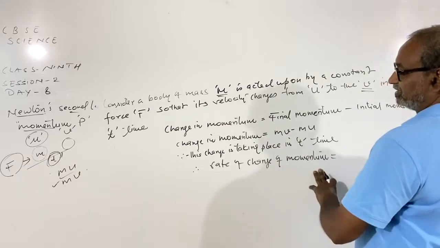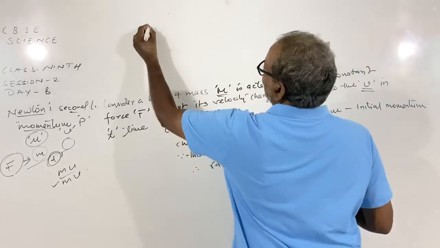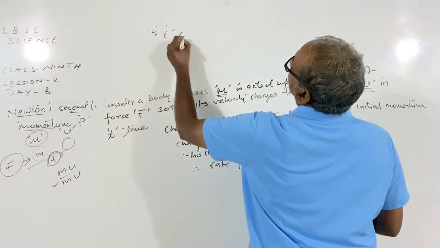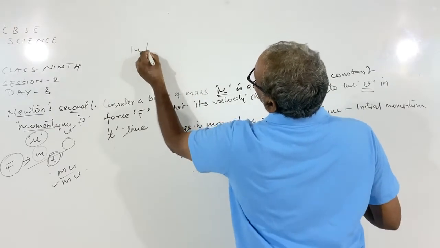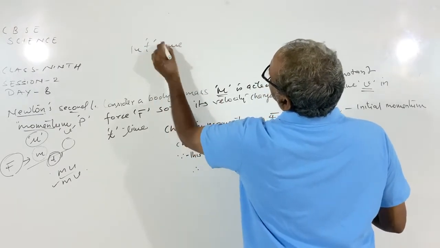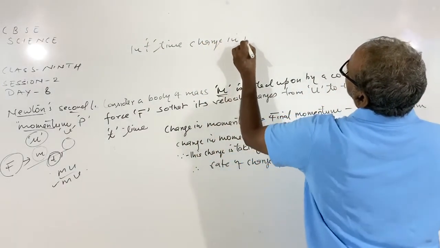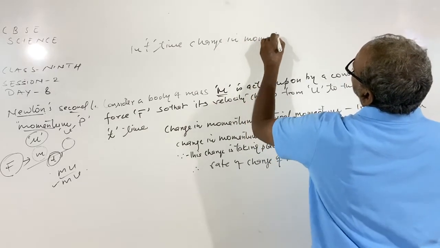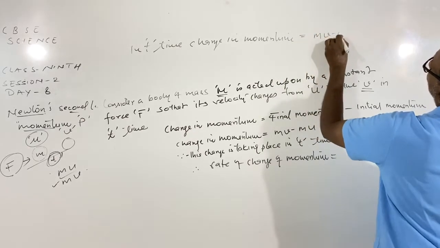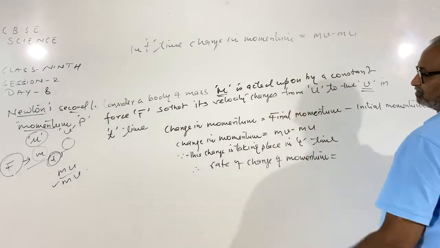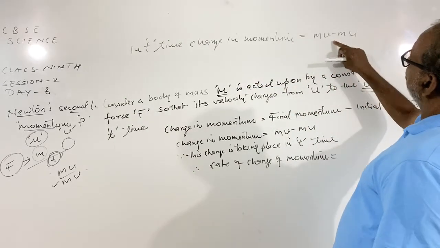What is rate of change of momentum? That is the change in momentum in unit time. In t time, the change in momentum is mv minus mu. According to this situation, the momentum change in t time is mv minus mu.